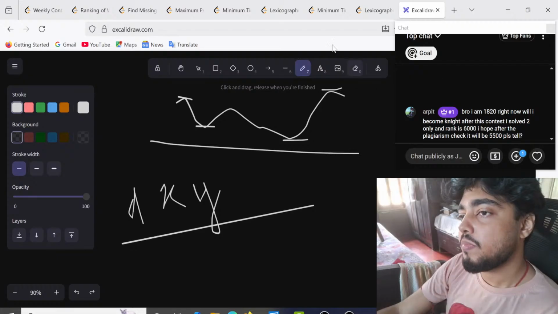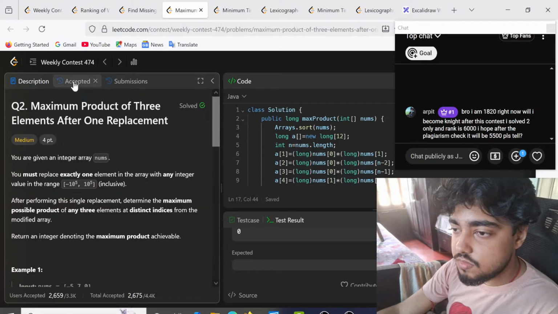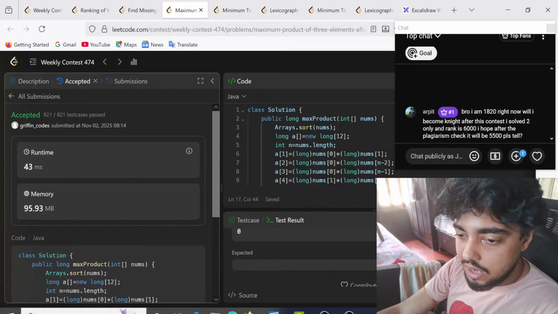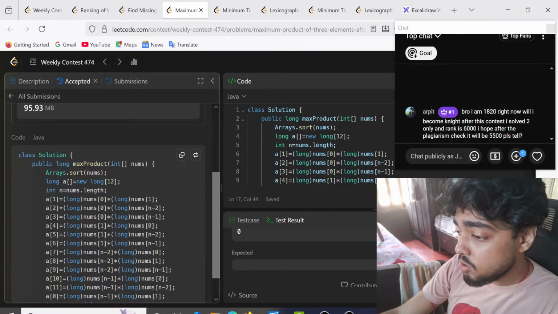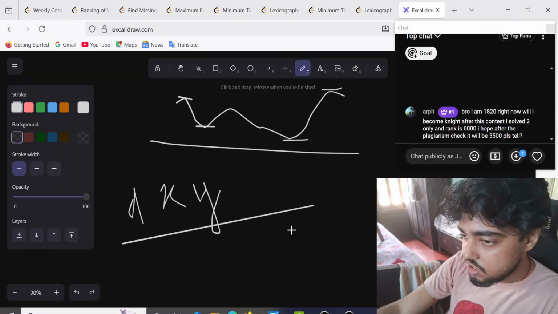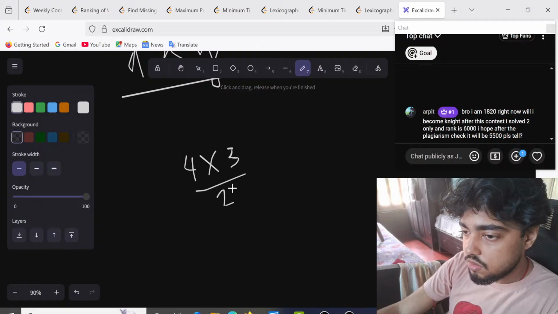So what you can do is sort the whole array. And then you know that you need any two elements from 4. So that is 4c2. What is 4c2? It is 4 into 3 by 2, which is 6.